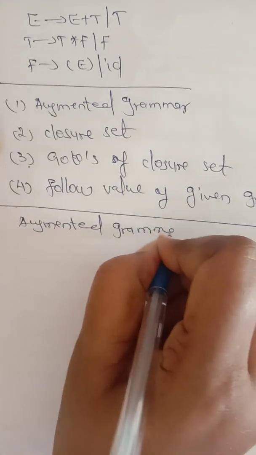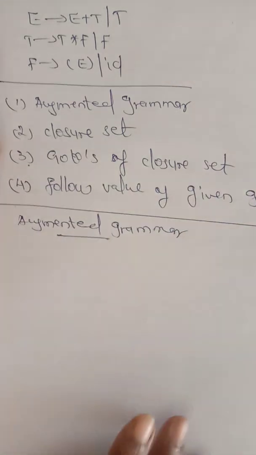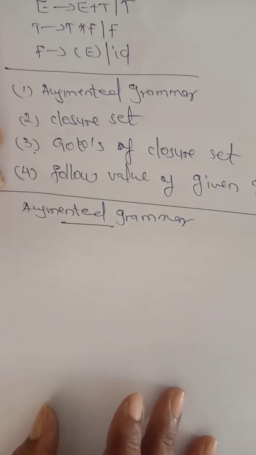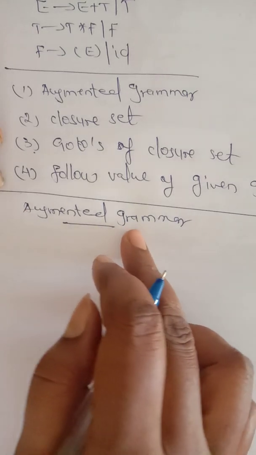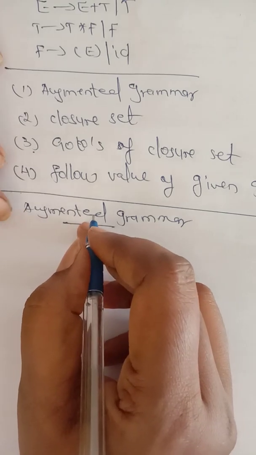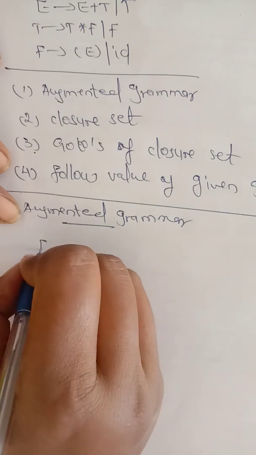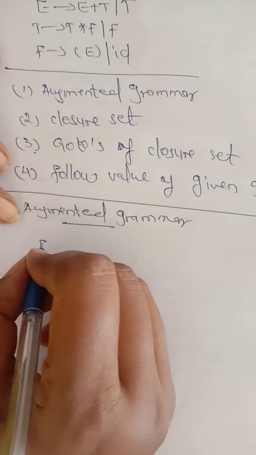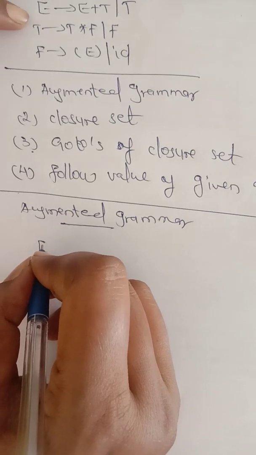Augmented grammar is used to check whether the input string or the user-written program is accepted by the parsing table or not. So we insert a new production into the existing grammar, and its name is always the same as the starting variable with a dash.